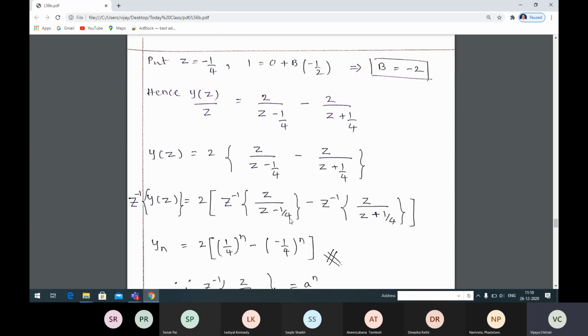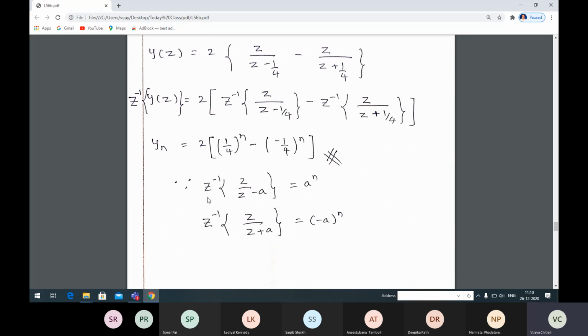So in place of a we have 1 by 4. So we have a standard result. What is that? Z inverse of z divided by z minus a is a raised to n. Z inverse of z divided by z plus a is minus a raised to n. So for z minus a in the denominator, in place of a we have 1 by 4, so 1 by 4 raised to n. This minus sign is as it is.